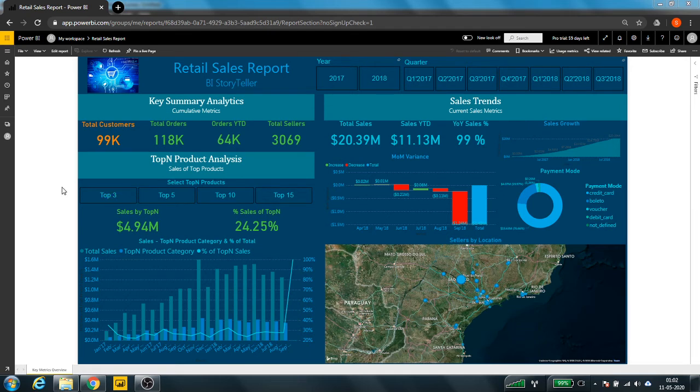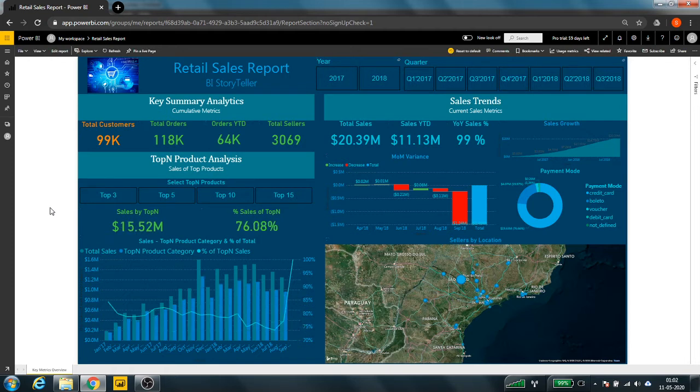You could create as many as you wanted or as few as you wanted, right? Now, as I mentioned before, since I've not selected anything, the default data that you're seeing over here is for your top 3 product categories. However, if I were to select top 15, for example, I would then be able to see my data for the top 15 selling product categories.